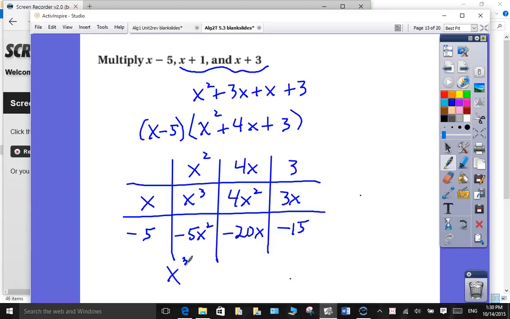How many x squareds is that? Negative 5 plus 4. And negative 20x plus 3x. There we go.